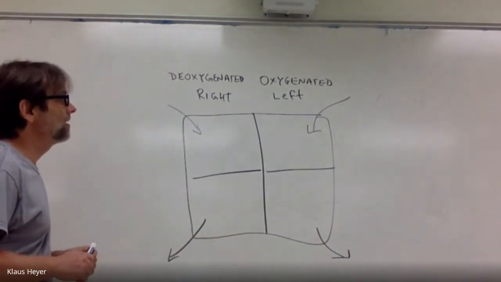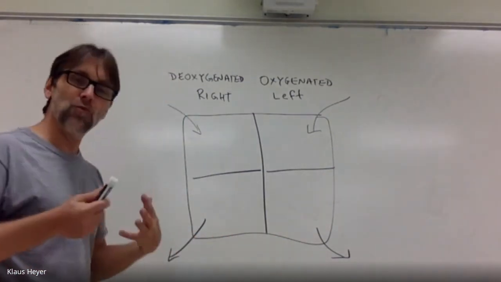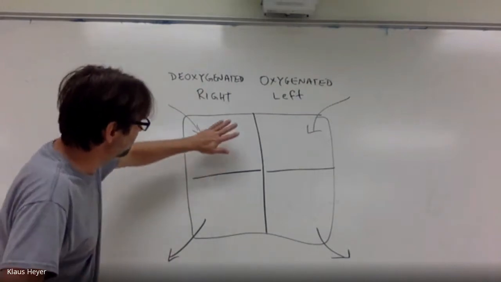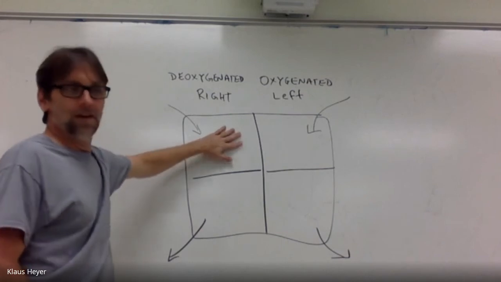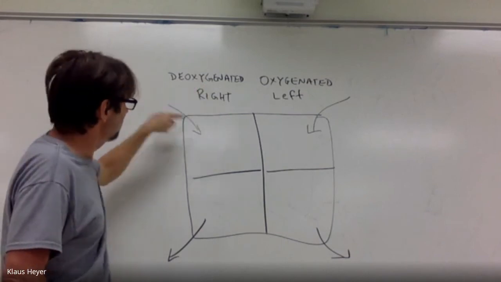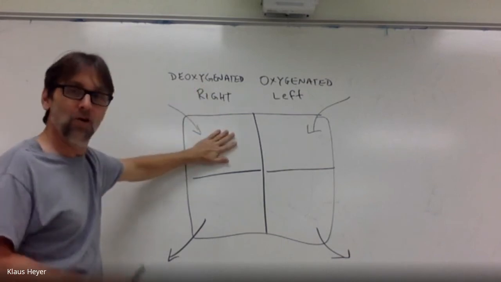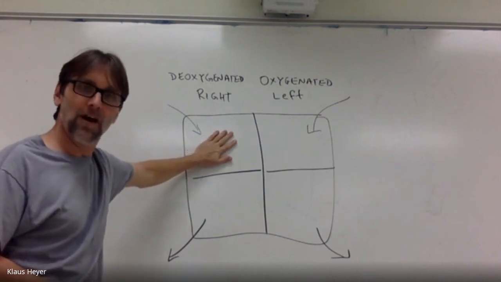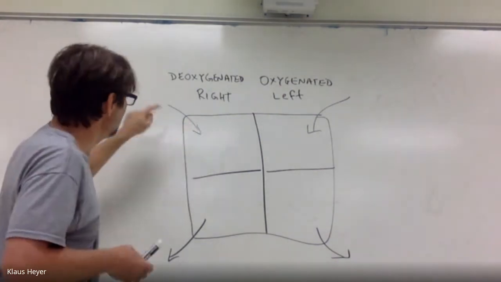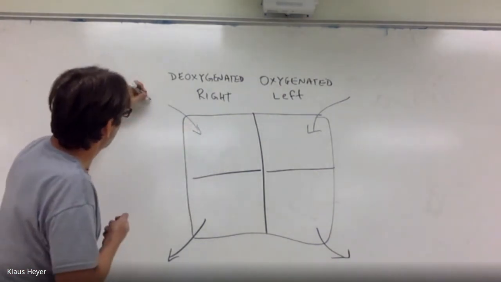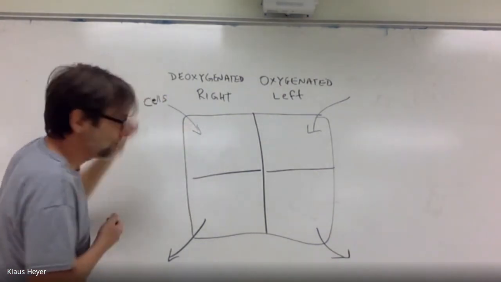So let's put where this stuff's coming from. This blood that's going to come in here is deoxygenated. So I know where this comes from. It didn't come from the lungs. If it came from the lungs, it would be oxygenated. This came from all your tissues or your cells.